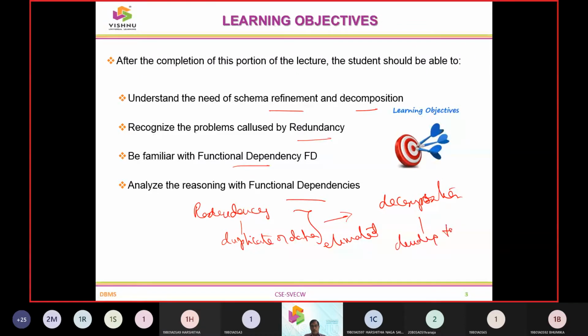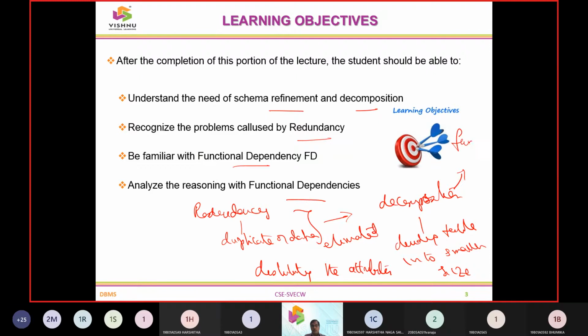Dividing a table into smaller size, that is, distributing the attributes. Now, how can I distribute or divide the attributes?